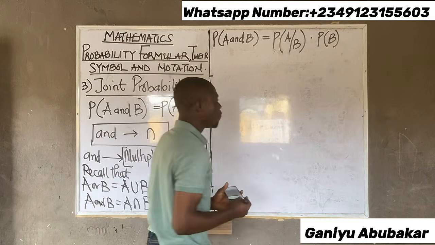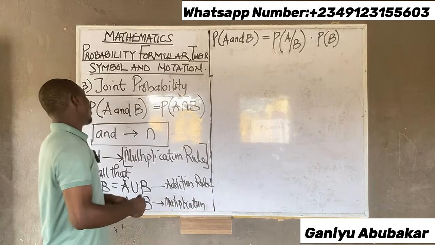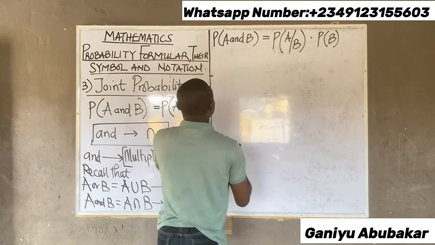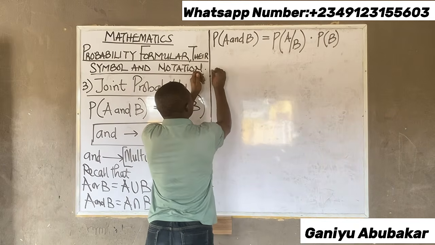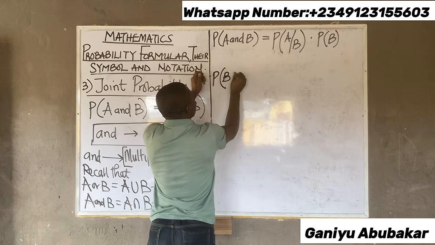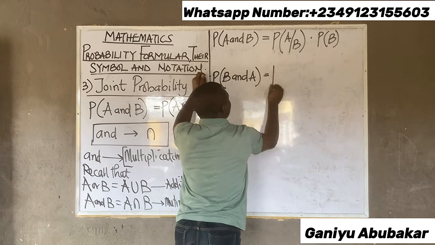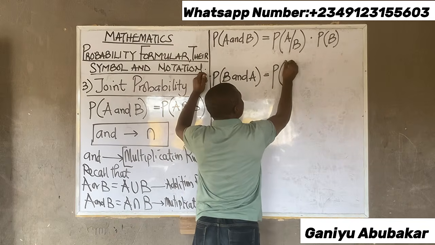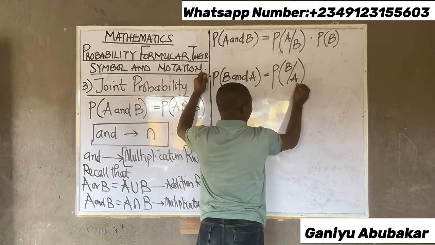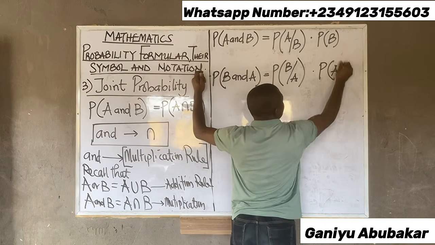Let's switch it: the probability of B and A equals the probability that event B will occur, given that A has already occurred, times the probability of event A occurring.